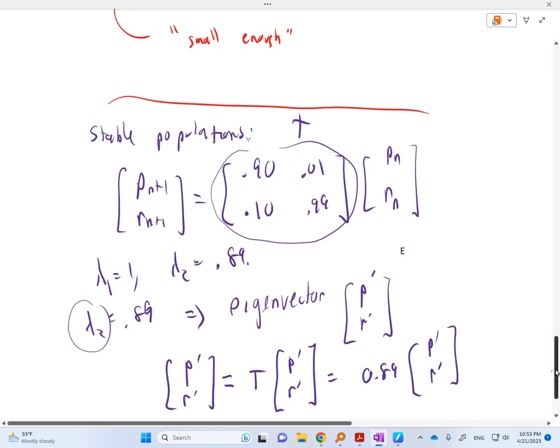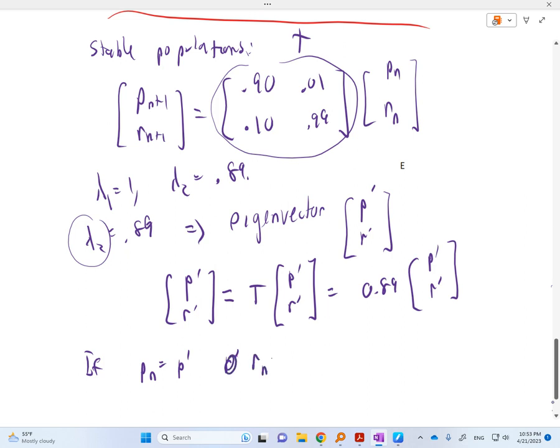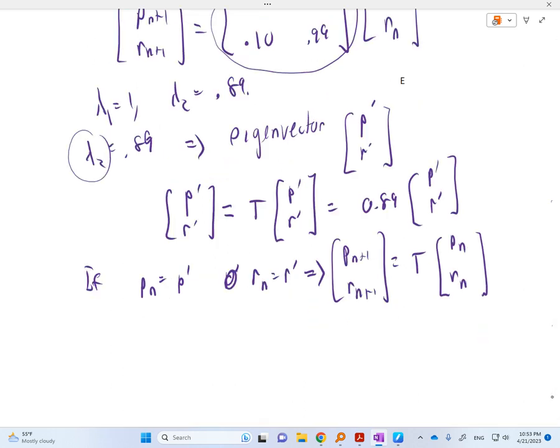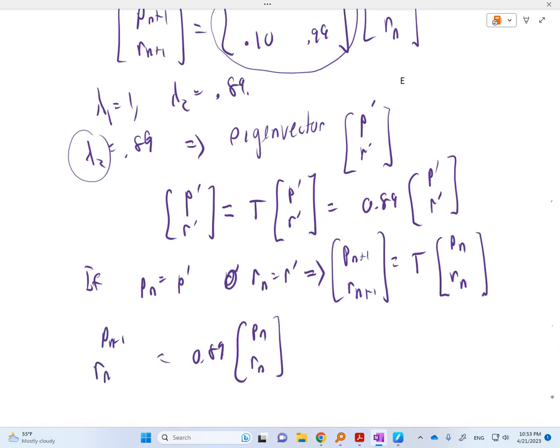So that means if P_n is equal to P prime and R_n is equal to R prime, that implies that P_{n+1}, R_{n+1} is just equal to T times P_n, R_n, and that's equal to 0.89 times P_n, R_n.